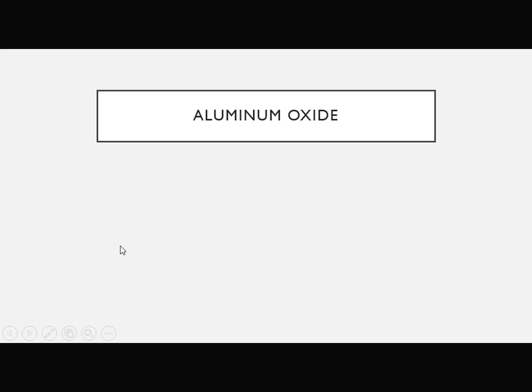Now, let's talk about aluminum oxide. We're going to name aluminum oxide. So, as I am naming this, I need to find my charges for my individual ions. So, find aluminum on that ion sheet. What is aluminum on your ion sheet?